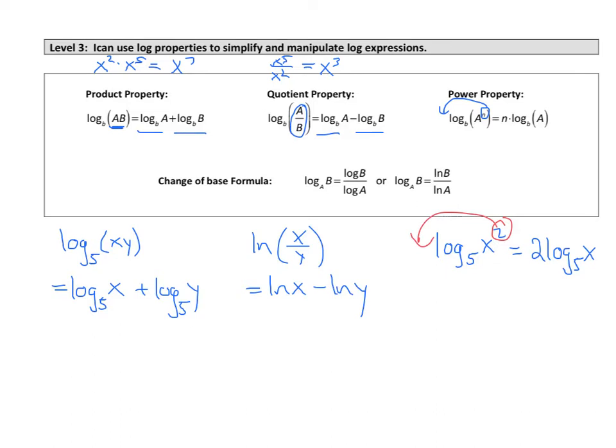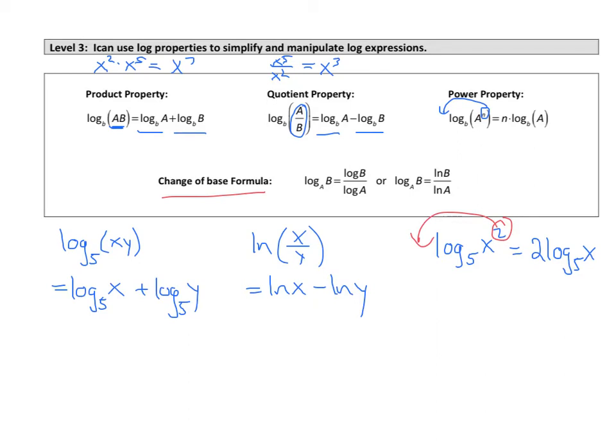And then the final property, the change of base formula, is a formula that allows us to get a decimal approximation using a calculator for a log that doesn't have base 10 or base e. We have buttons on our calculator for base 10 and base e, but any other base we don't have a button on our calculator.